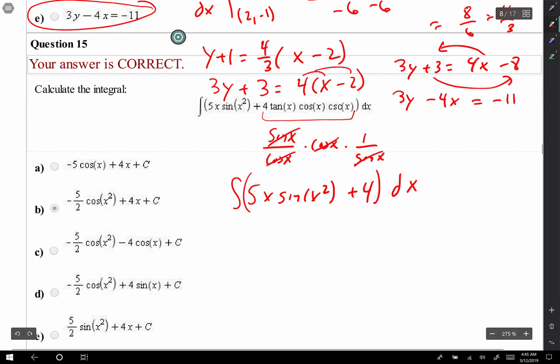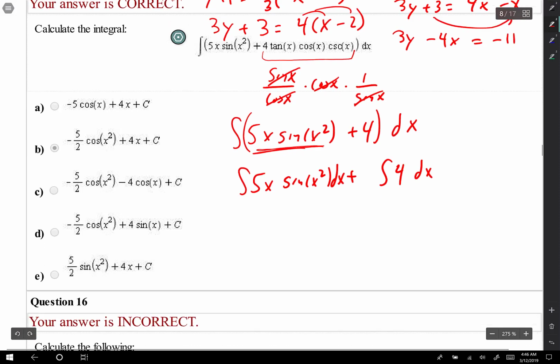Now, to integrate this, you're going to have to do u-sub. So let's split it up into 2 integrals, guys: the integral of 5x sine x squared dx plus the integral of 4 dx. All right, u-sub. I'm going to write u equals x squared, du equals 2x dx.